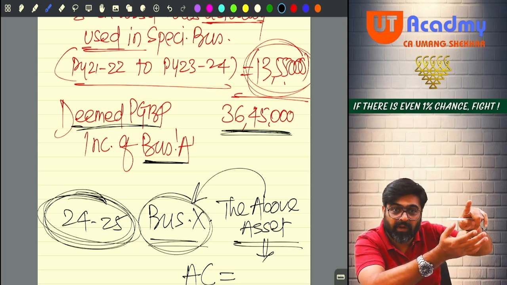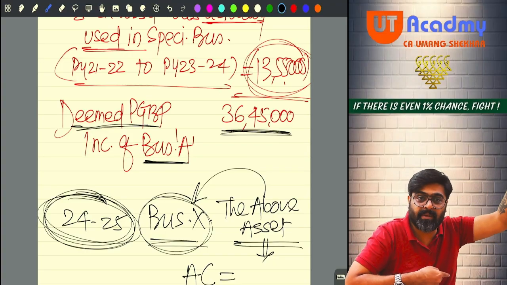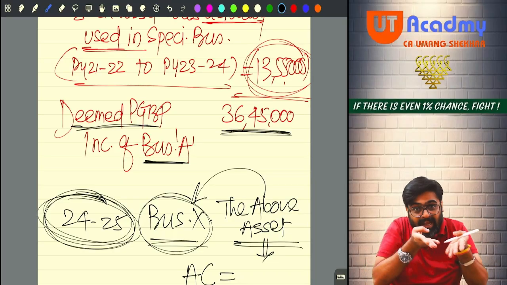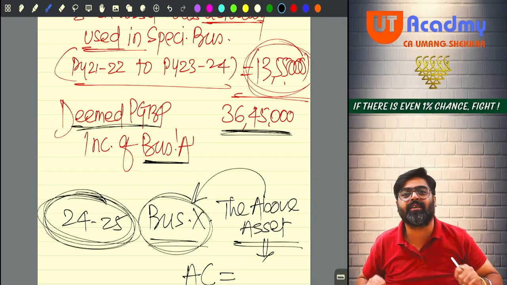Balance 36,45,000 cost reversed in PGBP for that business. Now that cost only you take as the cost of this asset for the new business.